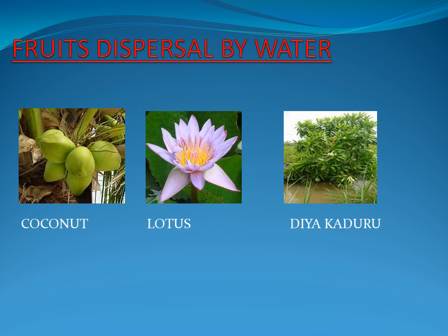If you go to a place known as Baburubime, you can definitely find deer kanduru, and there are some fruits from the kanduru as well. In rivers and ponds, they go through the water and are dispersed by water. So coconut, lotus and kanduru are dispersed by water.